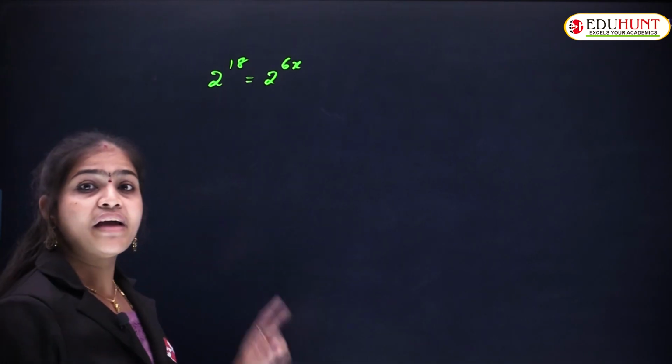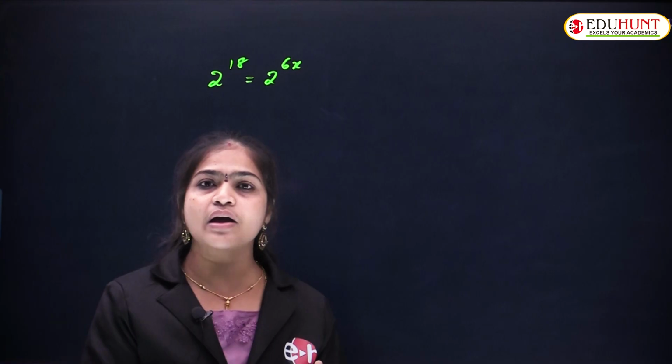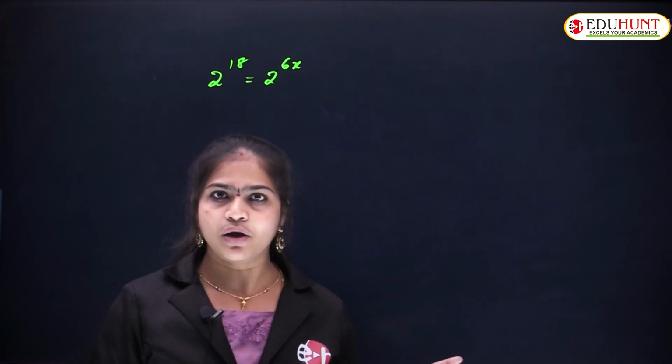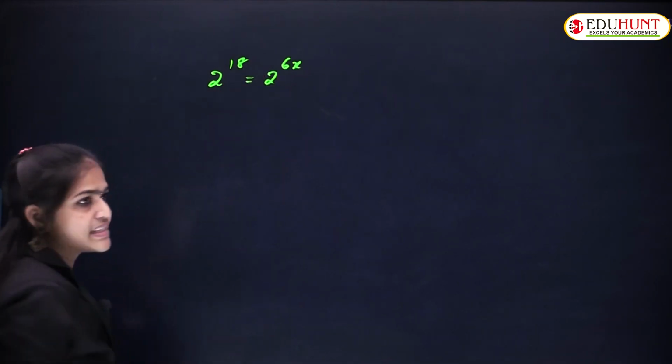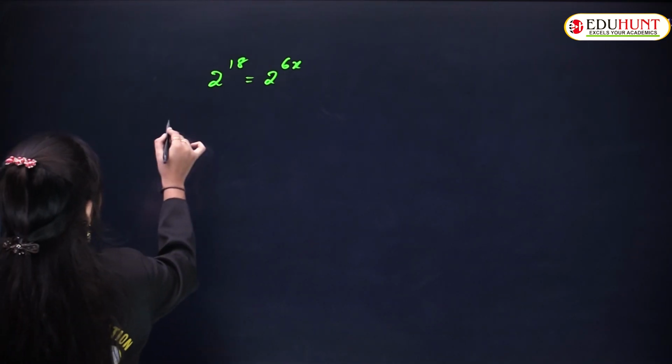Just observe that when we say LHS and RHS should be equal, both sides should have the same value, then only we can say LHS is equal to RHS. Here 18 is there, and 6x is there, but the bases are the same.